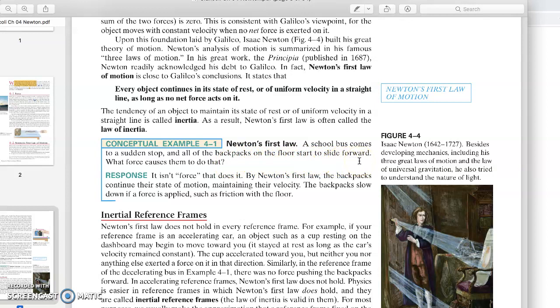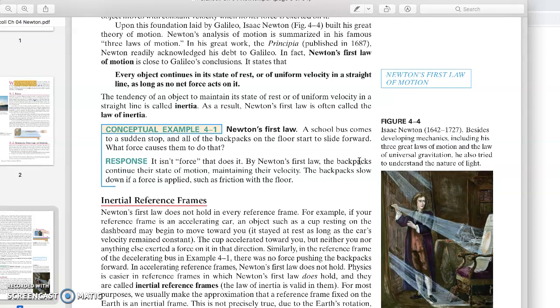I think this is something that we have all seen in our life, either in a school bus or in a normal car, or maybe in any moving thing. If it has a sudden stop, and you are not holding on to your bag, it will slide forward.